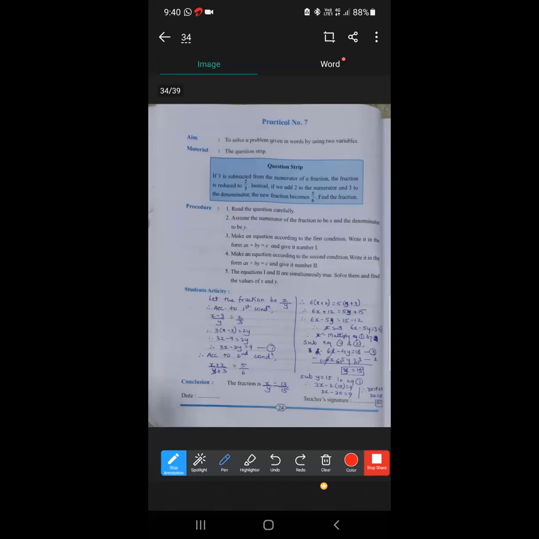So in a particular fraction, 3 is subtracted only in the numerator. So after subtracting 3, the fraction is reduced to 2 upon 3. So instead, if we add 2 to the numerator and 3 to the denominator, the new fraction becomes 5 upon 6. Okay, 5 upon 6. Then you have to find out the fraction.